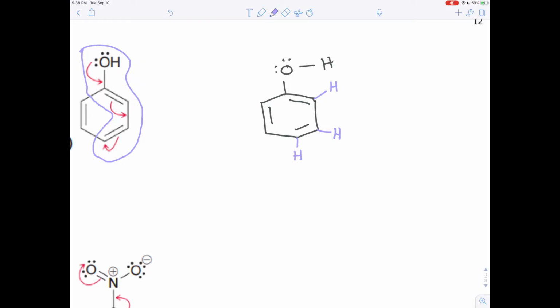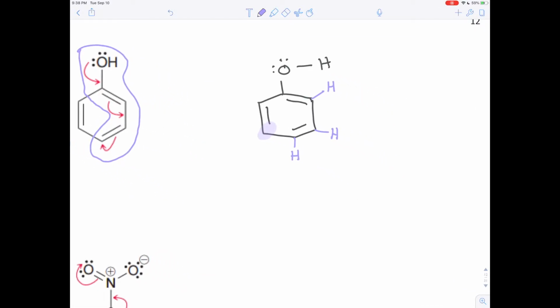At the bottom right, this carbon here does not have a formal charge, and so it is going to need 4 bonds. 1, 2, 3 are already drawn, and so you just need 1 more, 4. That will be to an invisible hydrogen.